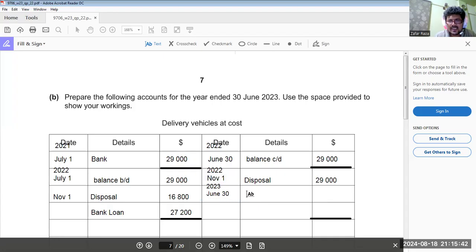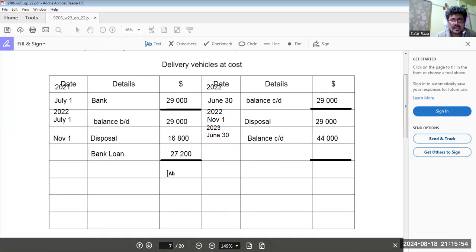Now the balance c/d is 44,000. Get the total here. 29 plus 44, 73,000.